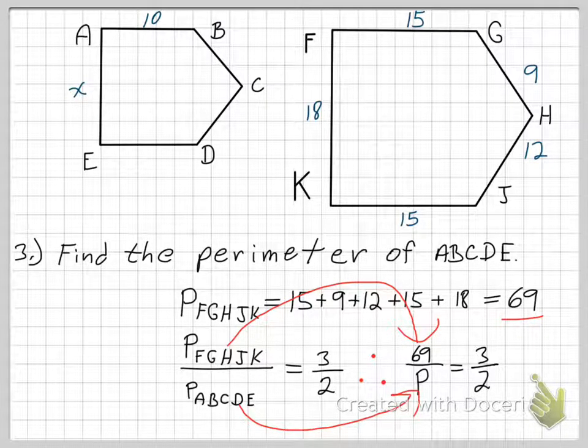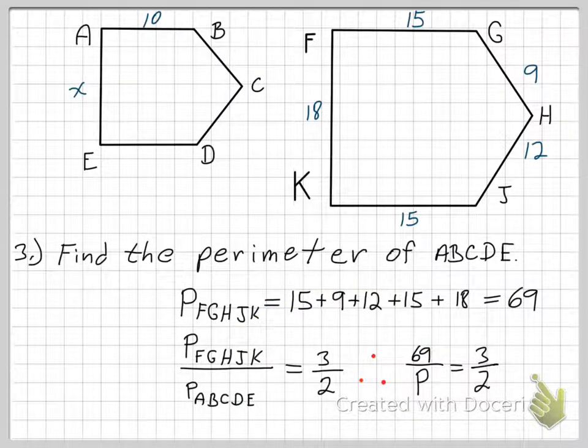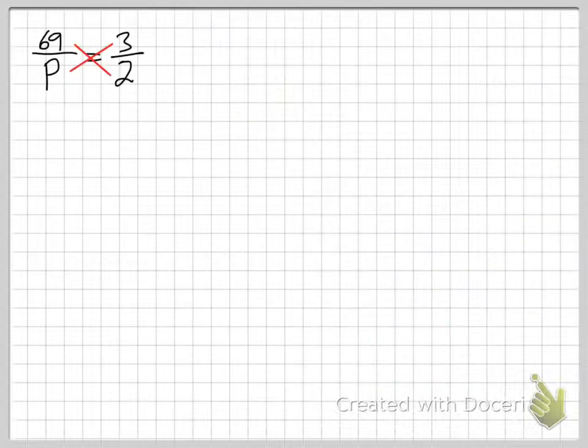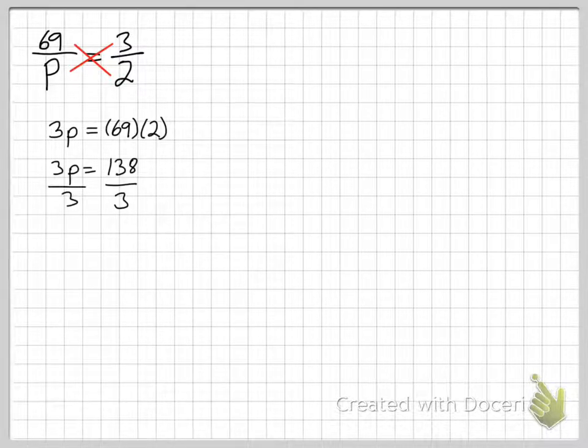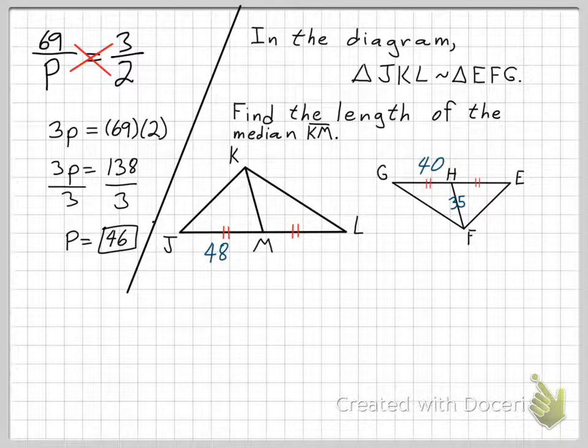It's the missing value, so it's P. So that's where I get 69 divided by P is equal to the scale factor, 3 over 2. And then the way we solve this is by cross multiplying, and we get 3p is equal to 69 times 2, or 3p is equal to 138. And to solve for p, we divide both sides by 3, and we get that the perimeter of the smaller figure must be 46.